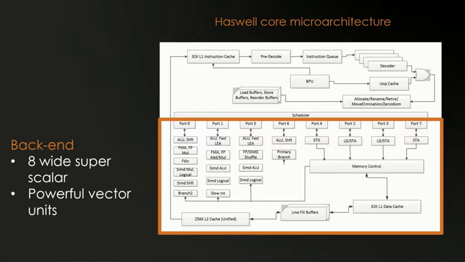So when you think about modern processor power, if you go to any website where you're going to buy a processor and you look up any Intel or AMD chip, it's going to list, I've got this many vector units that can execute this vector instruction set. I've got this, I've got this, I've got this many adders and stuff. That's really what the execution units are. And in the case of Haswell, there are 8 pipelines in each core's backend. 8-wide superscalar.